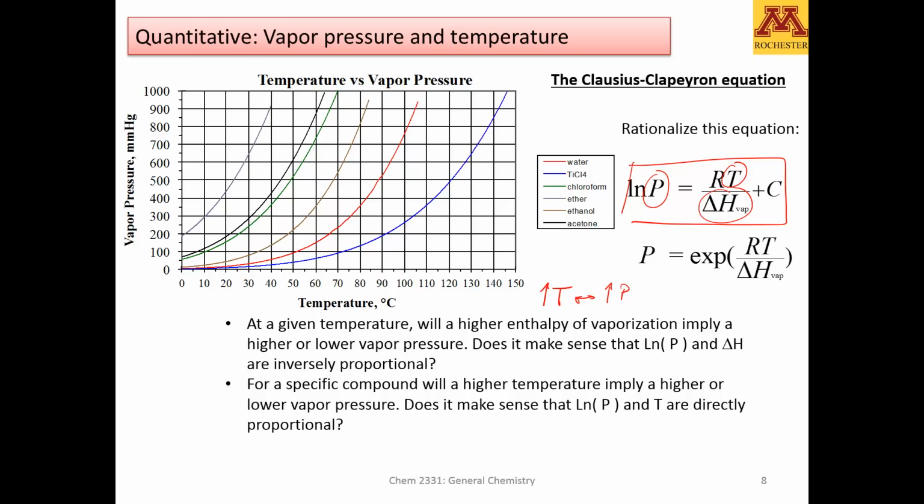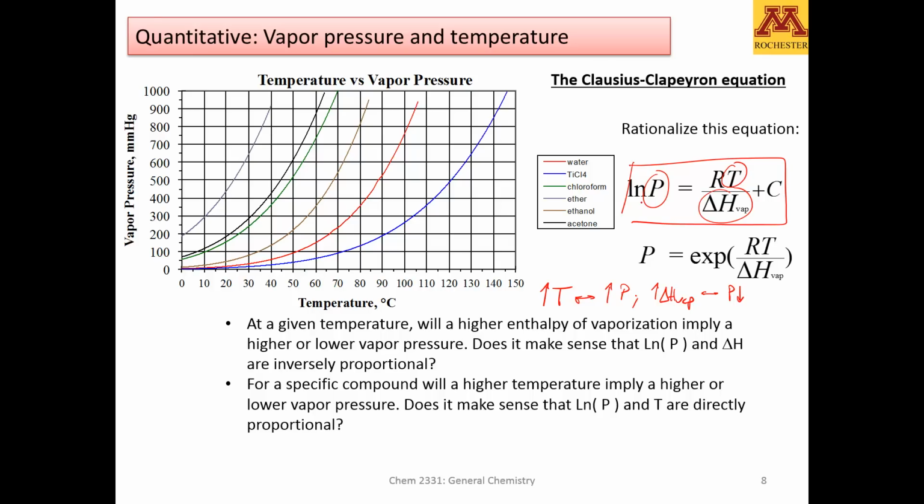And another one, if you will: the higher the enthalpy of vaporization, because it's in the denominator, it means that the pressure is lower. So that should make some sense. We already have said that, and you should be able to have a mechanistic and an atomic explanation for that. All right, so do not get carried away by the math, because it's more important to understand it.